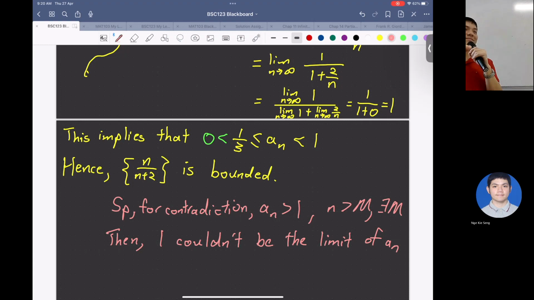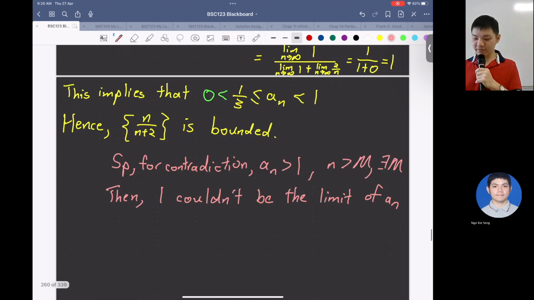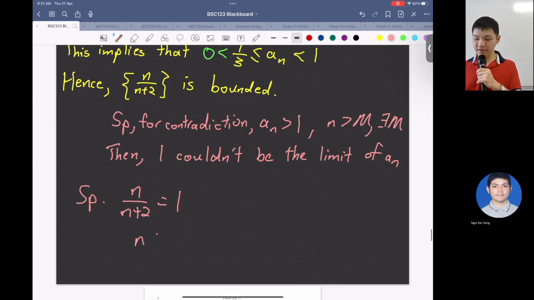Very good. That's right. Why can you not find a term equal to 1? Actually, you need to solve this. Suppose n over m plus 2 is equal to 1, right? Then n is equal to m plus 2, so 0 is equal to 2.